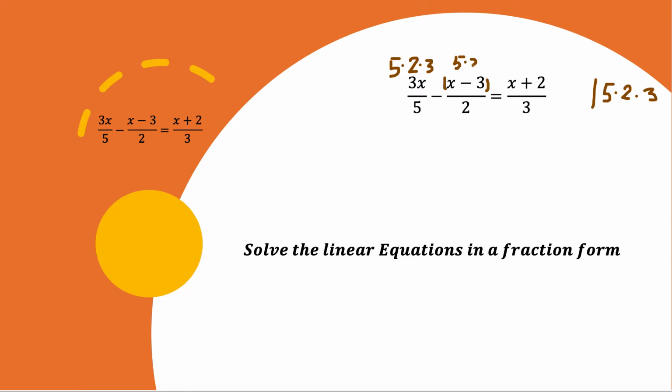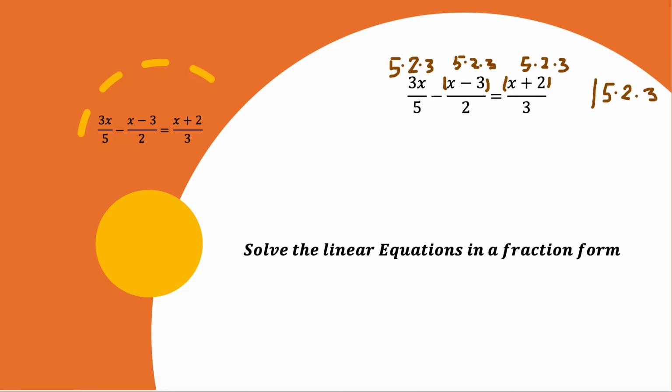So every term, and the last term here I'm going to multiply by 5 times 2 times 3. And then when I multiply, I'm going to see what is in the denominator and numerator, the same number that I can simplify.